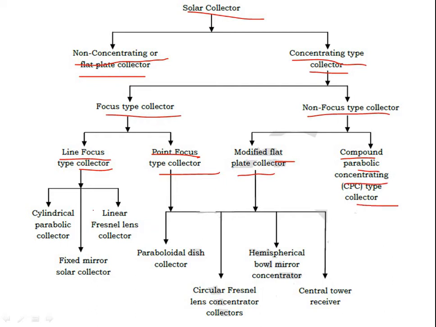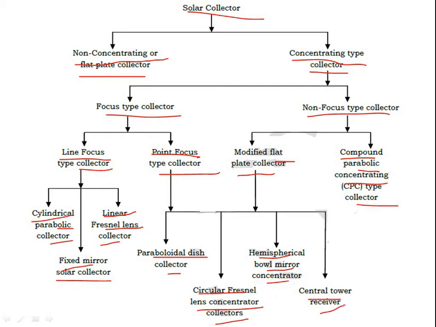Under line focus, cylindrical parabolic collector and linear Fresnel lens collector, and under that, fixed mirror solar collector. Under point focus, paraboloidal dish collector, circular Fresnel lens concentrator collectors, and hemispherical bowl mirror concentrator, under which comes the central tower receiver. These are the classifications.